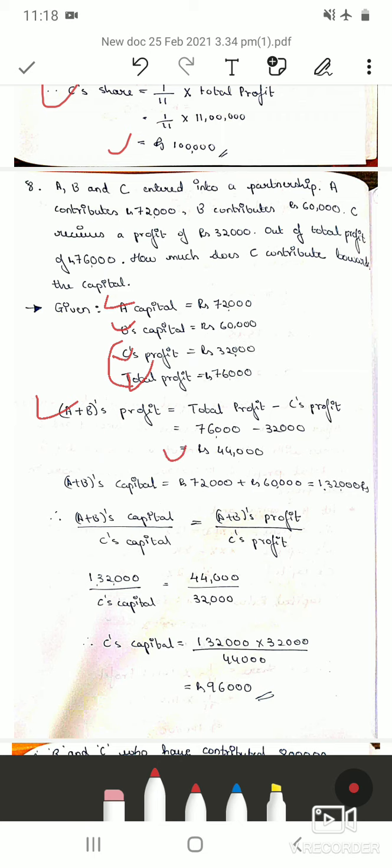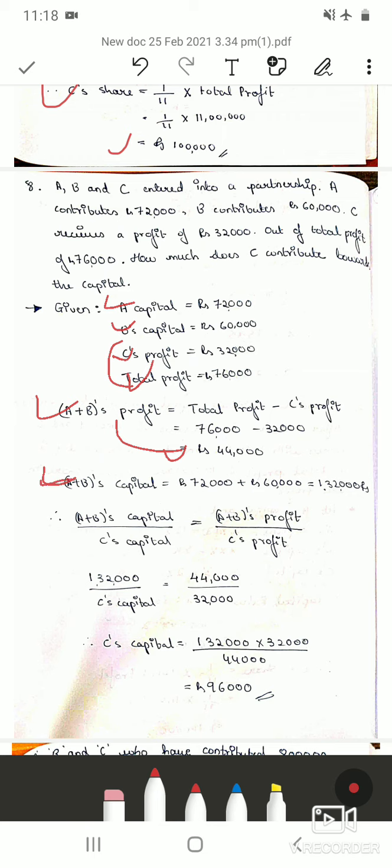We get it as 44,000 rupees. So this is the total profit of A plus B. So we can find out A plus B's capital, which is 72,000 plus 60,000, which is 1,32,000 rupees.